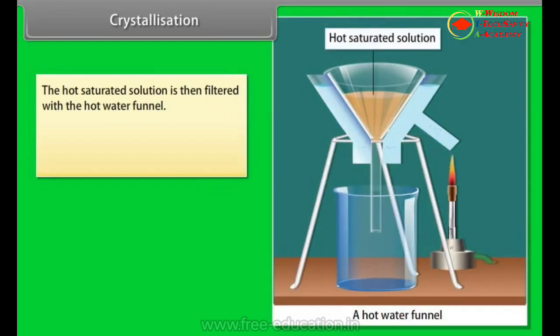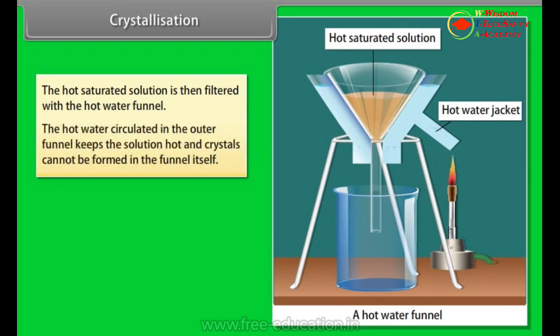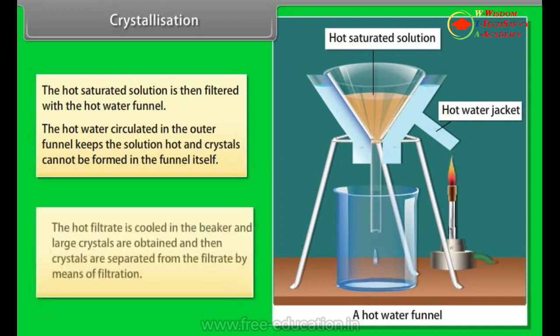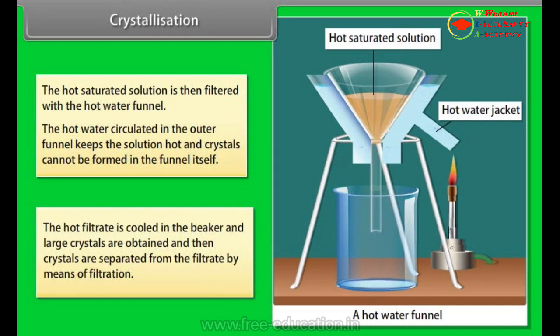The hot saturated solution is then filtered with a hot water funnel. The hot water circulated in the outer funnel keeps the solution hot, so crystals cannot form in the funnel itself. The hot filtrate is cooled in a beaker and large crystals are obtained, and then the crystals are separated from the filtrate by filtration.